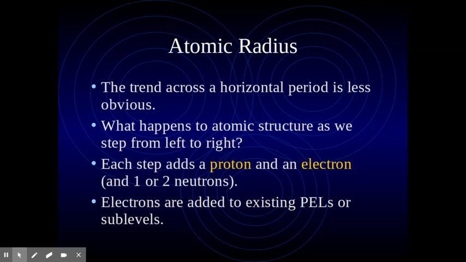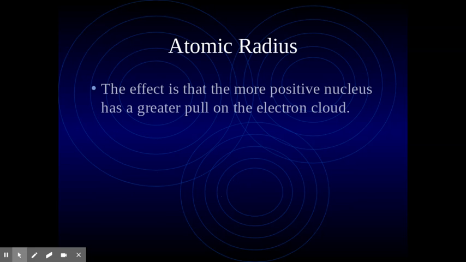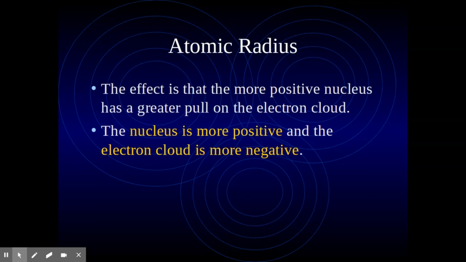So electrons that you're adding are still going to be in the same energy level or sublevel, right? So they're not any further away from the nucleus than the electrons that were already there. On the other hand, you are making the nucleus more positive.